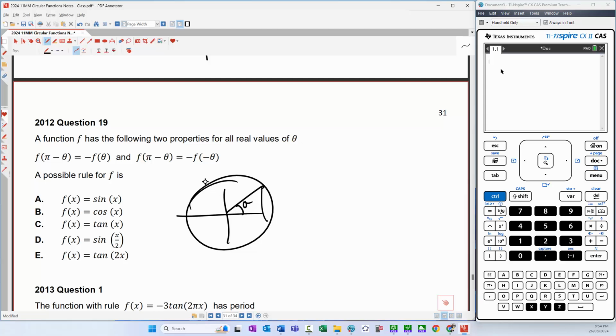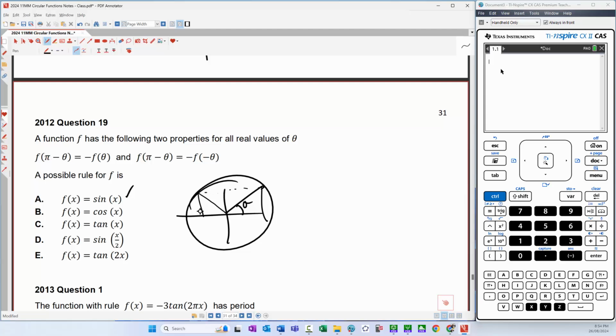So if I go pi and I go theta back, that's the same as negative f of theta. So it's going to produce the same value. So that's definitely possible for sine, right? So that's definitely possible. So no, it's not actually.